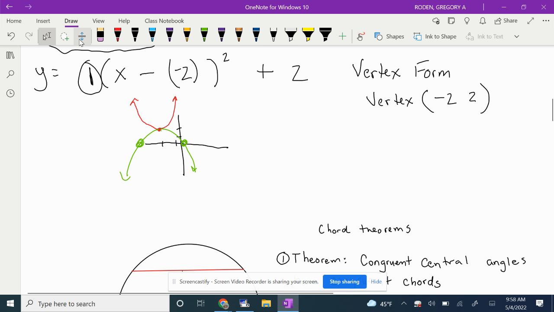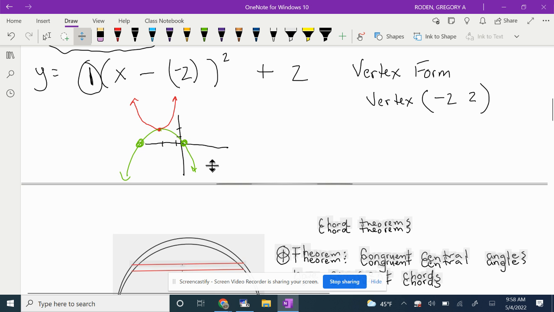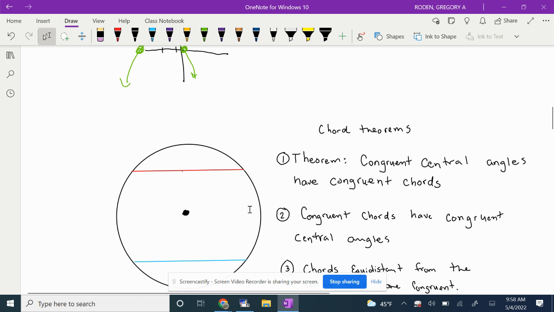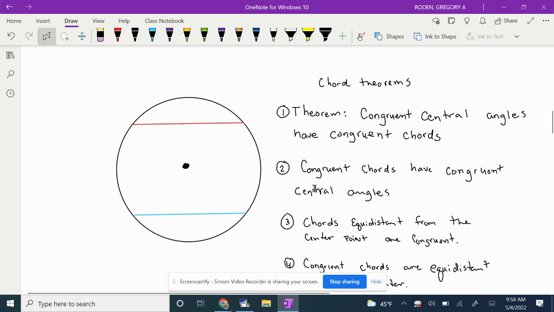Okay, get ready to take a ton of notes. We have some more. We have what I call my chord theorems. So just write the first one down, and then we're going to use this circle to explain it. Everyone, if you want to draw the circle, fine. If not, you can just write the words down.